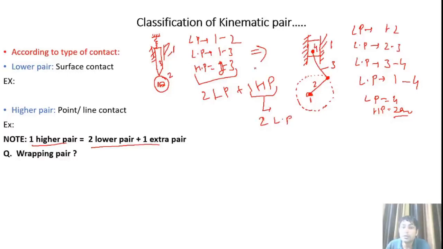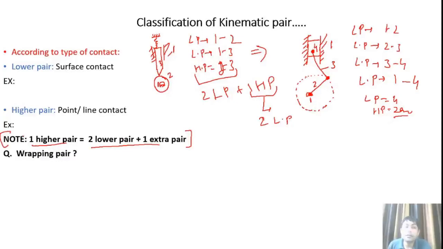Also count the number of links: 1, 2 and 3, but there are 4 links, 1, 2, 3 and 4. So one higher pair is equal to 2 lower pair plus 1 extra link.